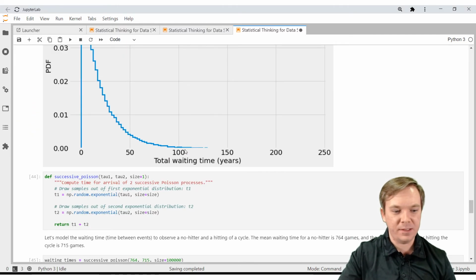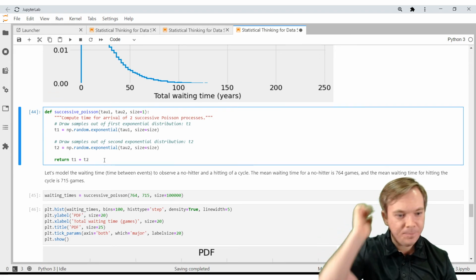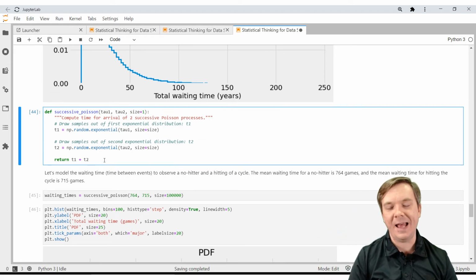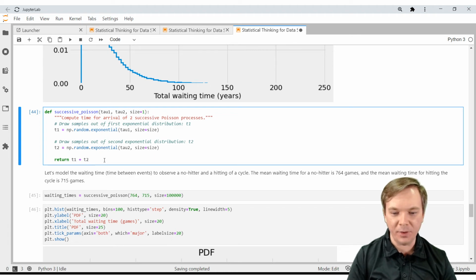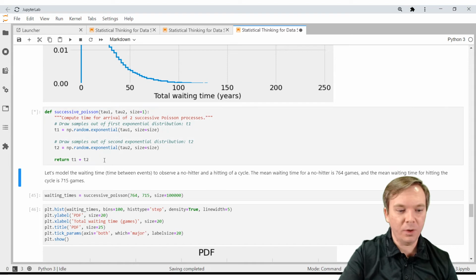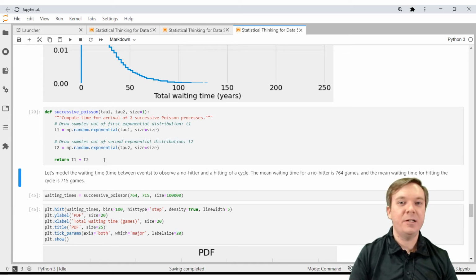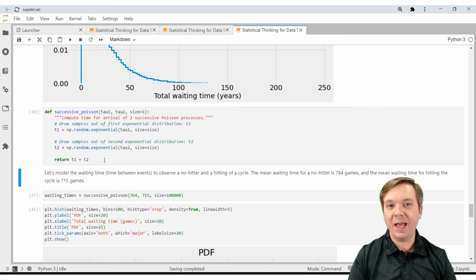All right. So, what about multiple successive processes happening? For example, we could use something from baseball, okay? We're going to model the waiting time to observe a no-hitter and the hitting of a cycle. A no-hitter, if you know anything about baseball, is where the pitcher pitches the entire game and no one hits the ball.